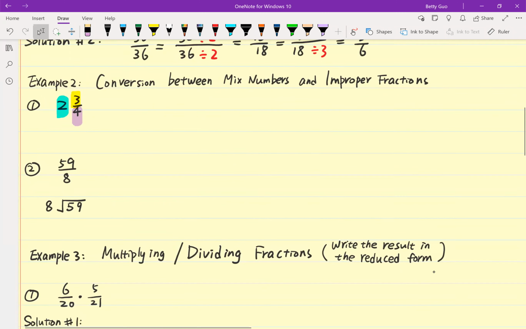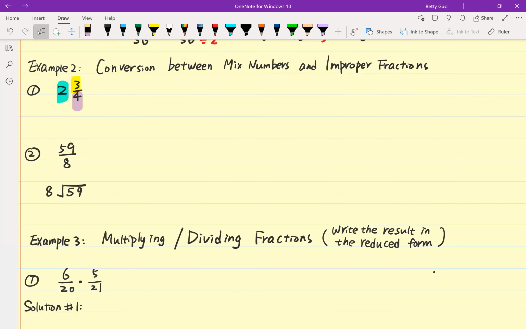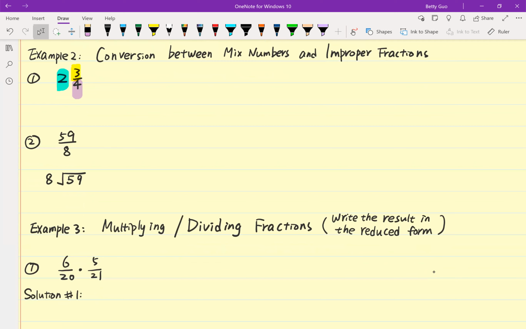The second example, we're going to see how we convert between mixed numbers and improper fractions. So first, let me explain what is an improper fraction. What kind of fraction is improper? And what kind of fraction is proper? Let me give you examples.